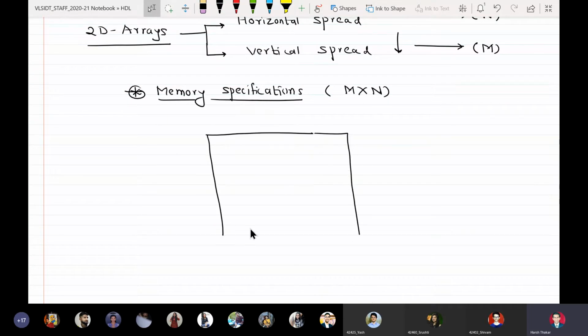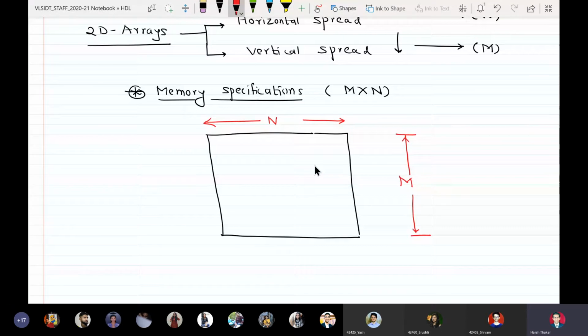If we have a memory having specs m by n, this is called the horizontal spread of memory, and this is called the vertical spread of the memory.